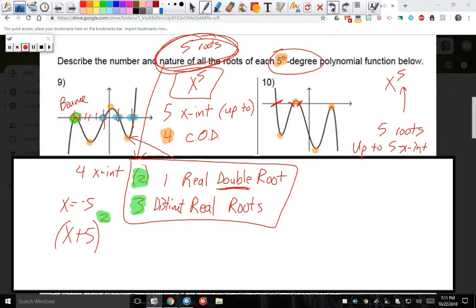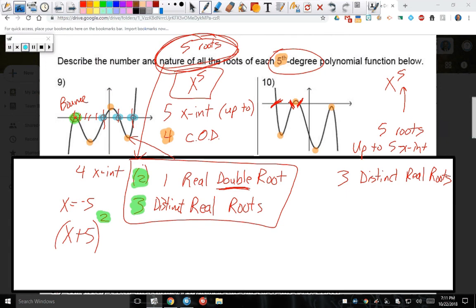Okay? So we're going to say three distinct real roots, or real zeros. And that's again those three that we see. Distinct meaning different, real meaning that they actually crossed or touched the x-axis.